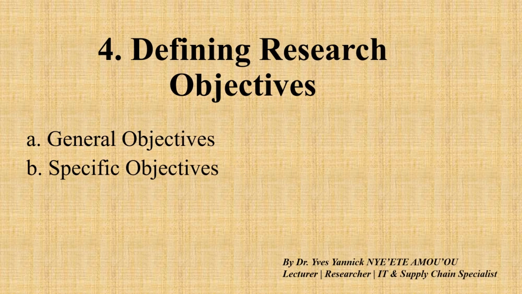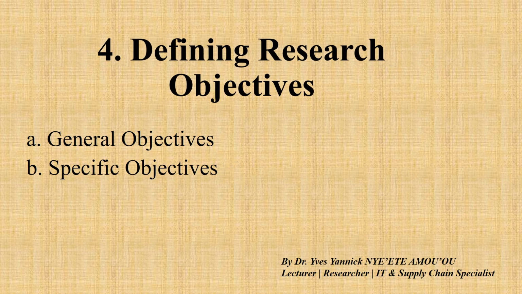In French, we call it objectif général et objectif spécifique. In case you will have a French document, don't forget that we also have that. It's the same thing here.